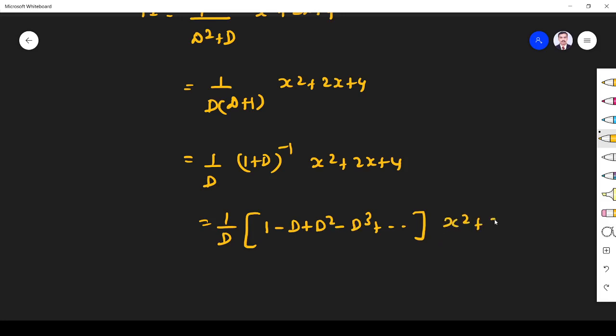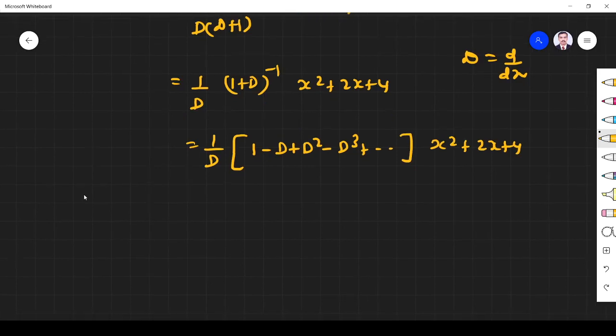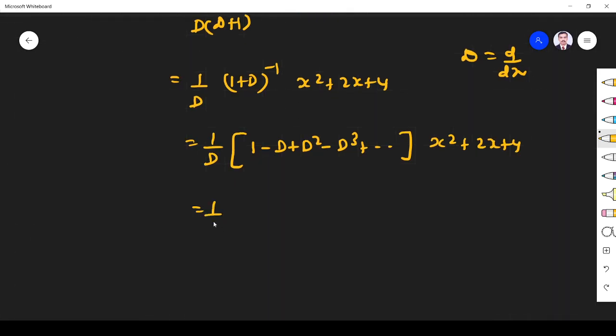Then x squared plus 2x plus 4. We know D is equal to d by dx. So 1 by D is equal to, first 1 into all the things, so it is x squared plus 2x plus 4 minus D, the differentiation of x squared plus 2x plus 4.